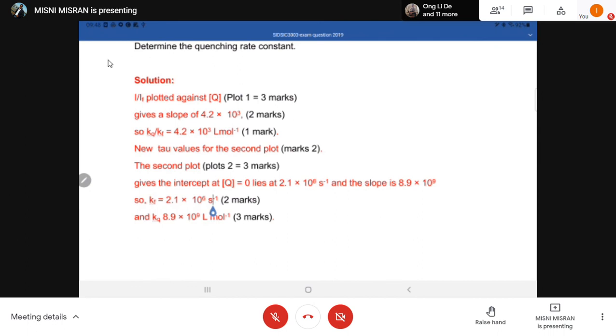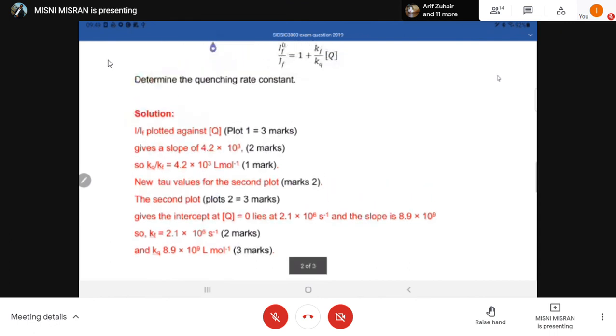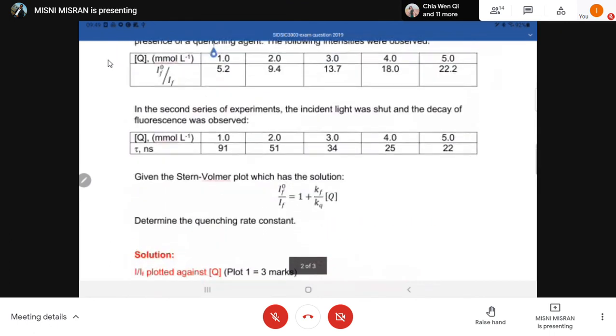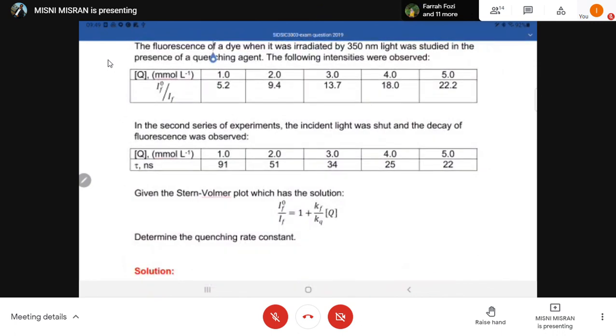Then you can use the fluorescence rate constant in the equation, and because you have the slope, you get the value for your quencher rate constant. Very easy actually, just that students always make common mistakes with millimolar and nanoseconds.